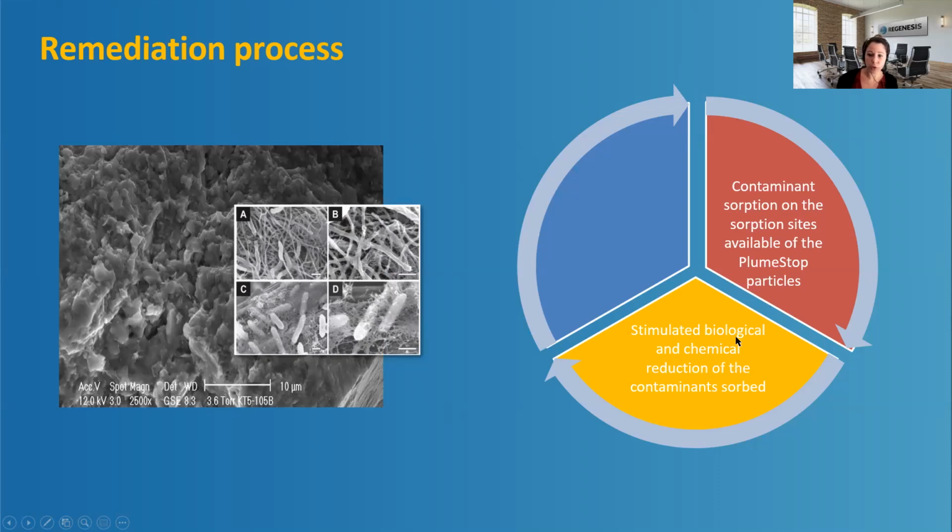The chemical reduction and the biodegradation allow us to regenerate the sorption sites of the activated carbon in order to have new sites to sorb new contaminants. So we have a very long treatment thanks to the self-regenerating capability of PlumeStop.